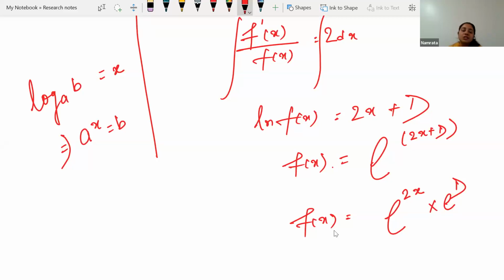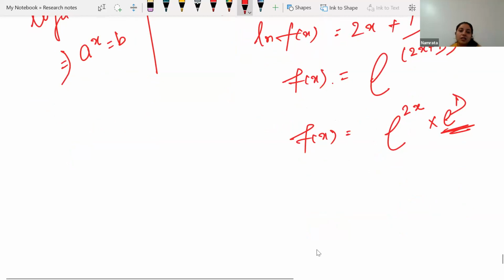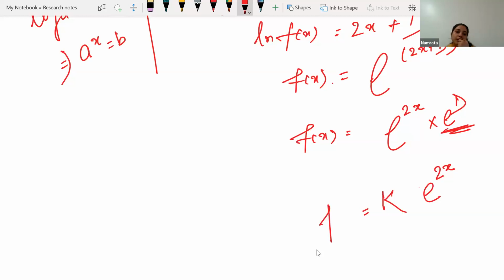So if we have e to the power m plus n, we can write e to the power m into e to the power n. This e to the power d is just a constant, it will be a number. So instead of this constant e to the power d, I'm using one constant k, so k e to the power 2x is equal to f of x.